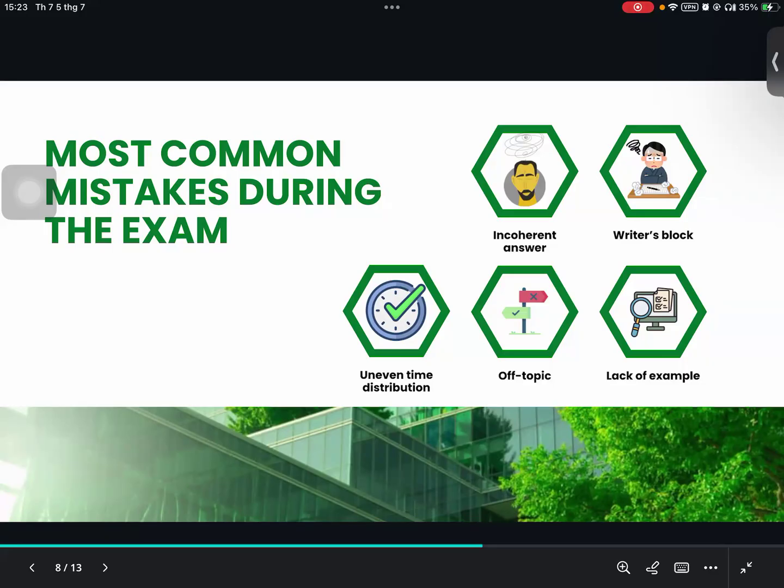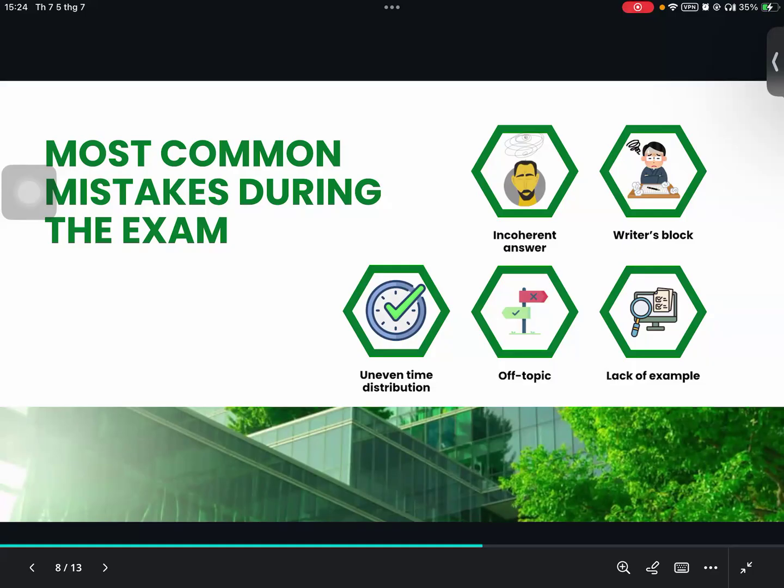And another common mistake here is the lack of examples or the lack of reference to the exam question, to the scenario. Here, as you can see, the examiner often appreciates an answer with examples or an answer with reference to a scenario.